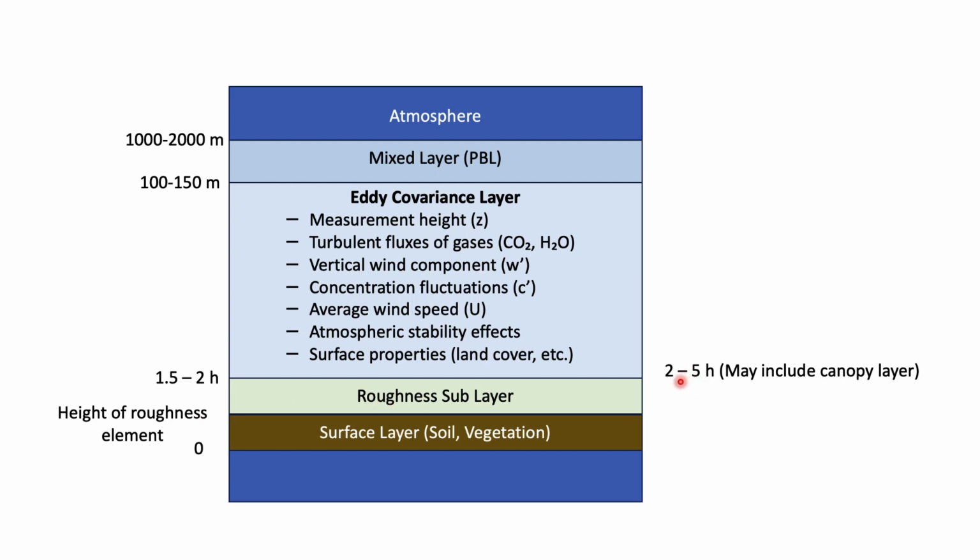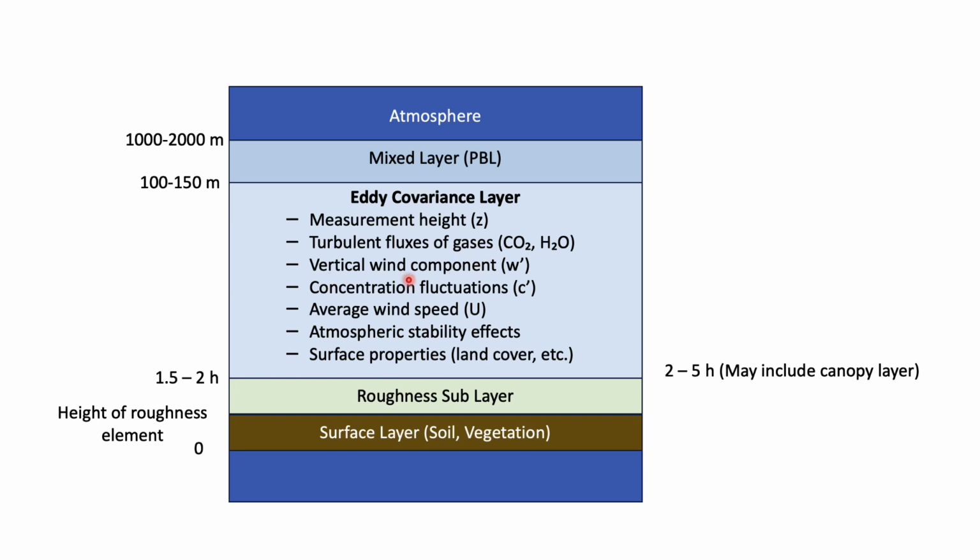So anything that is non-uniform is considered as roughness. And if we consider 2 to 5 times the height of the roughness element, that may include a canopy layer also. And the eddy covariance layer is basically from 1.5 to 2 times the height up to 100 to 150 meters. So this is the region where people generally measure eddy covariance. So measurement is based on the height, and the turbulent fluxes of the gases are measured.